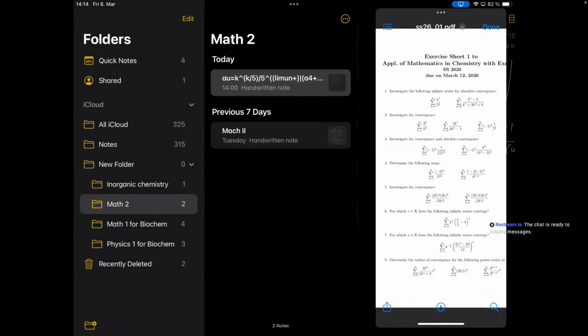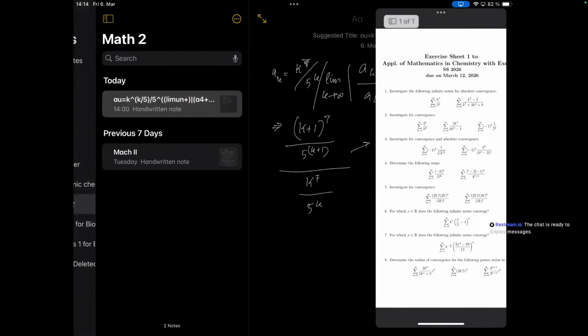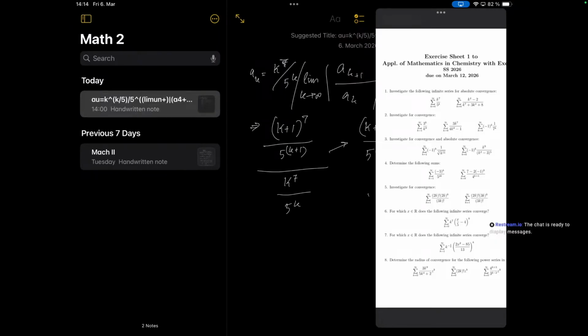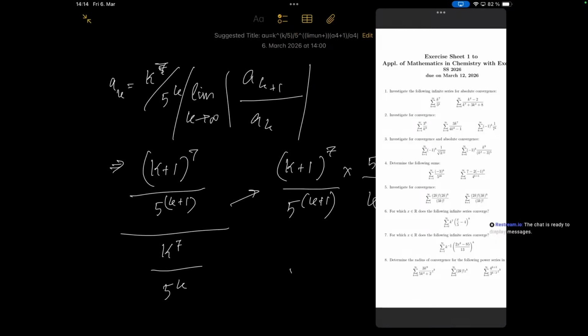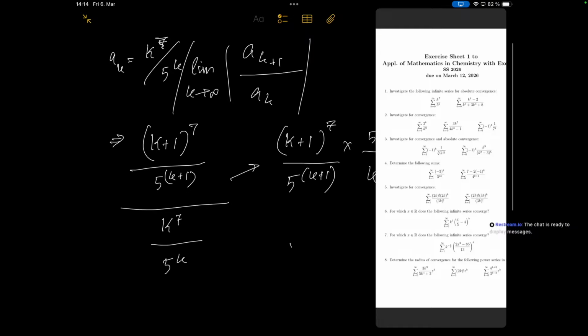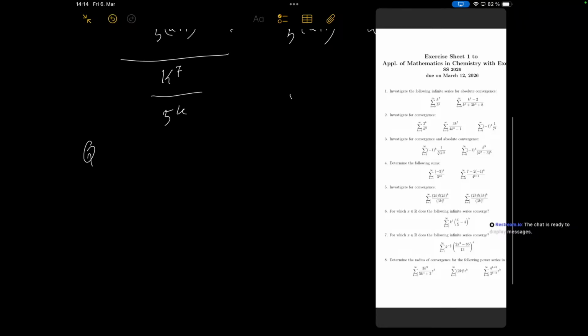Let's keep it this way. Hey Siri, set a timer for 15 minutes. Investigate for absolute convergence.